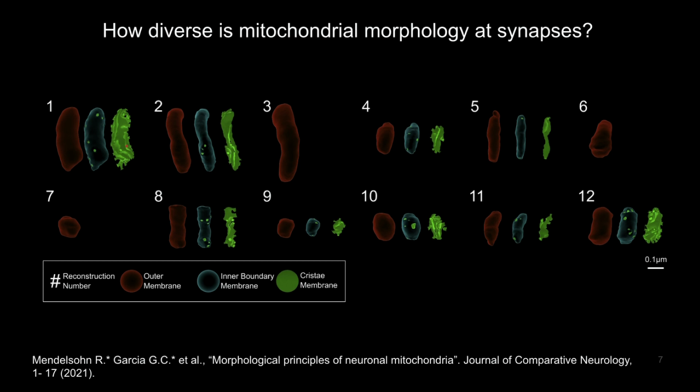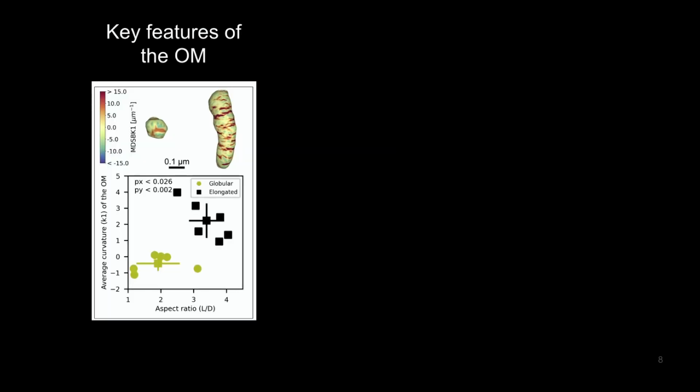So the red one is the exterior one, and this one is the inner membrane, but you can't see all the internal structure. So I put it next to this one, but it's actually inside. And so we observe a lot of diversity.